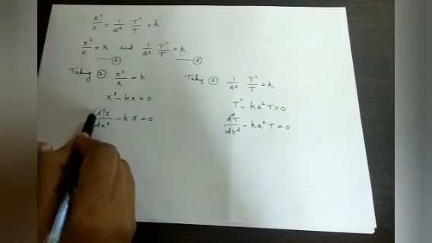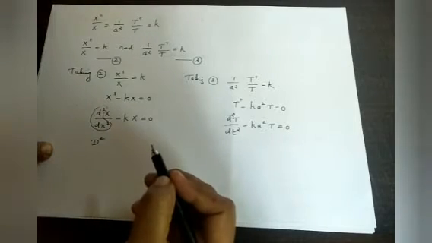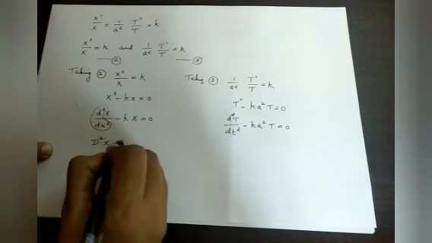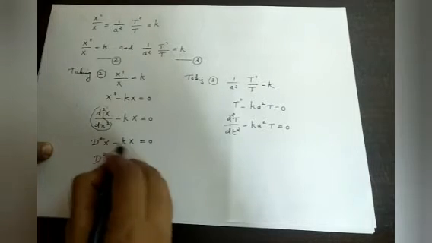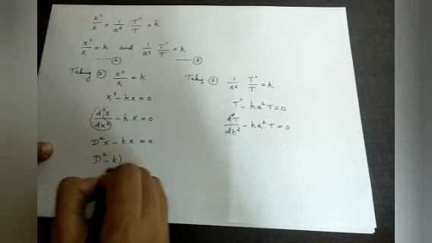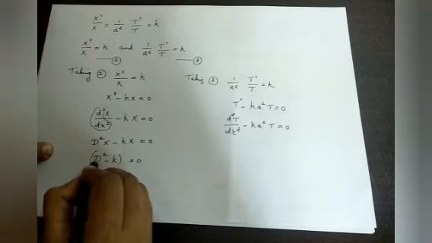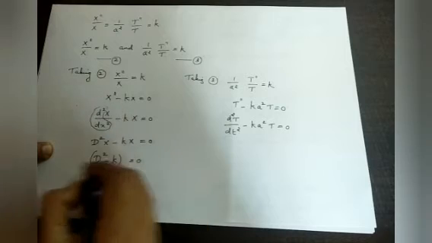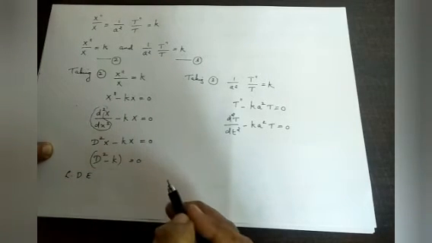Instead of d²/dx², we can write capital D²X − kX = 0. That is, taking X outside, we get (D² − k)X = 0. Now this represents a linear differential equation.